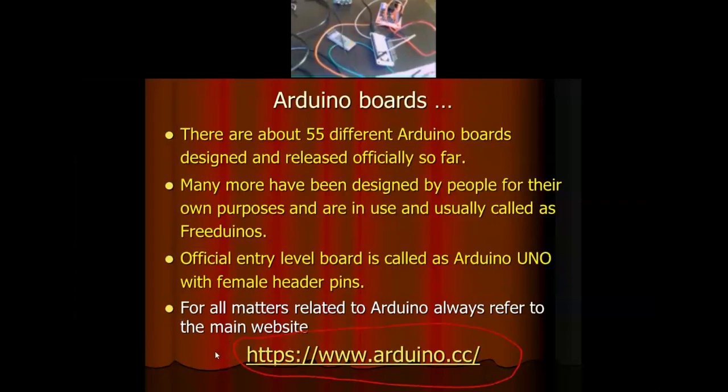The latest software is available there, and the different types of boards are also listed on this website. When I visited it last time, there were about 55 boards. I'm sure it must have increased now, but once you refer to it, you will find more boards.